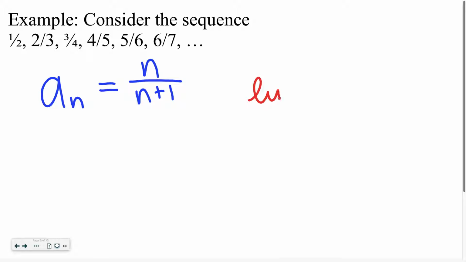So if we take the limit as n approaches infinity of a sub n, which I'm just going to write as n over n plus 1.